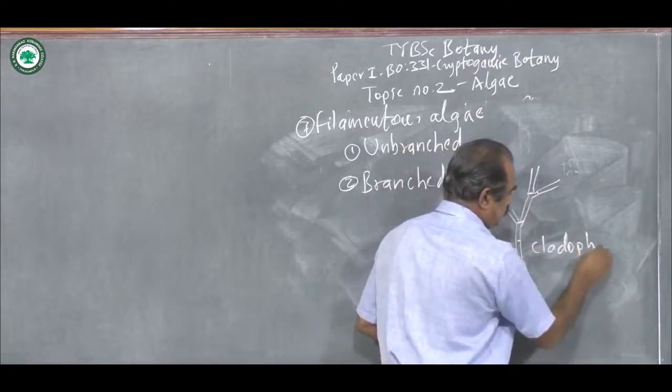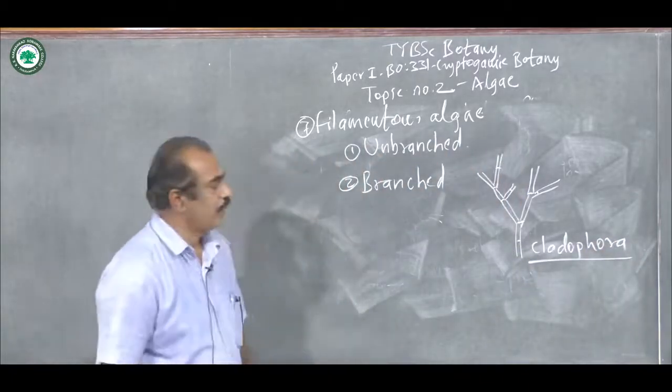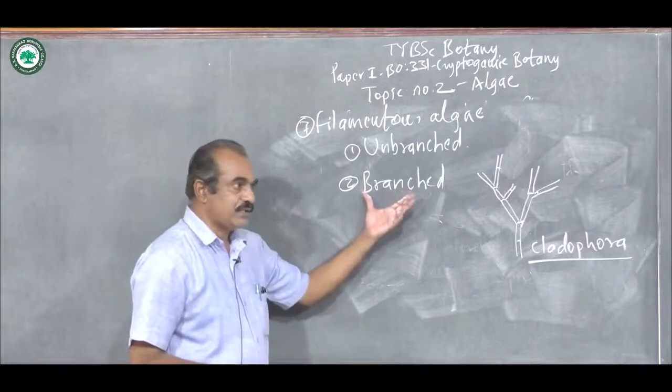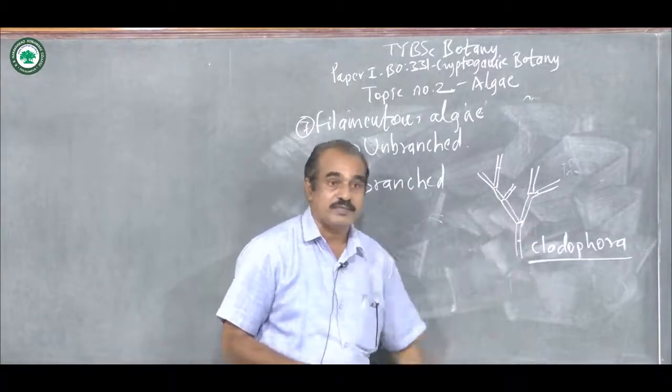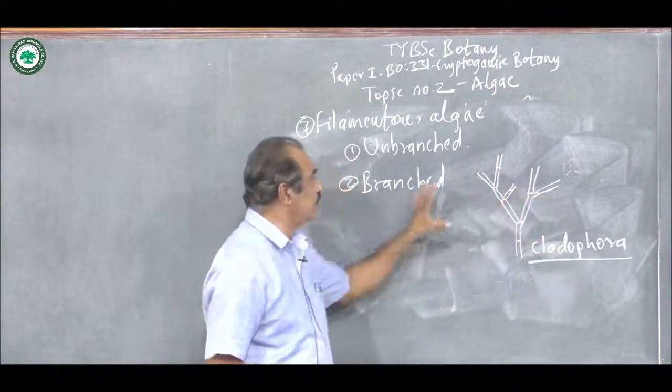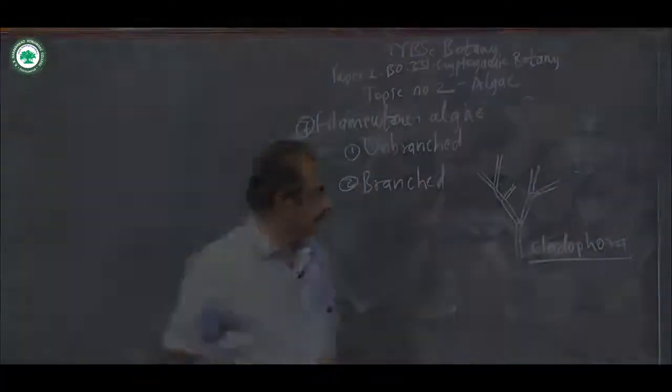This is the thallus structure of the Cladophora. It is a branched structure and it is uniseriate, that means only a single row of cells, but it is branched, so it is called the branched structure, and the example is Cladophora.